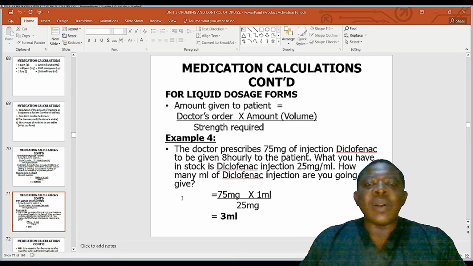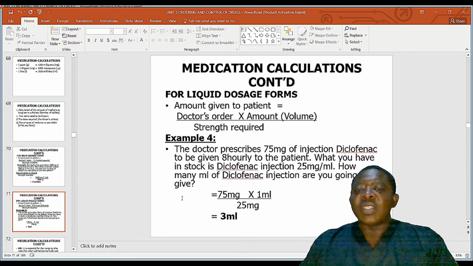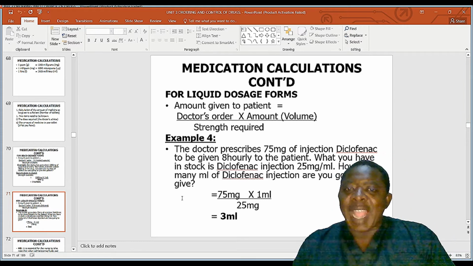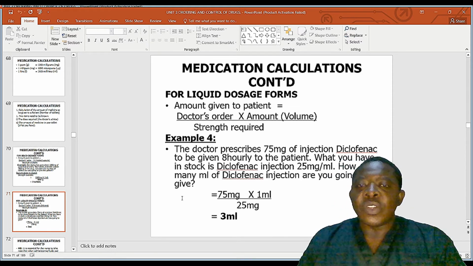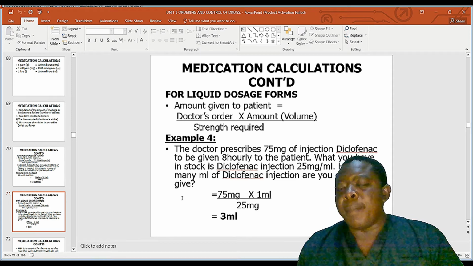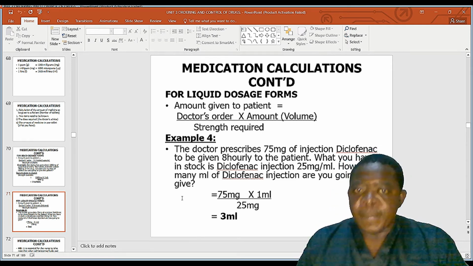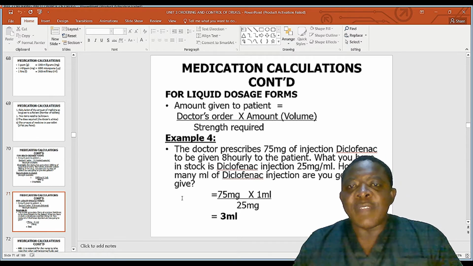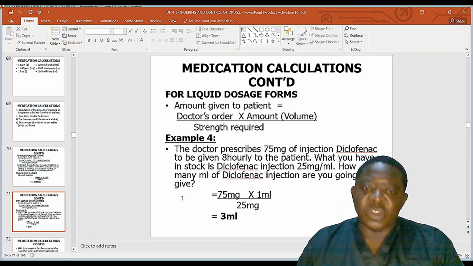The doctor here has ordered 75 milligrams, so 75 milligrams times the volume. Remember the volume there: 1 ml per ml, also divided by 25. So 75 divided by 25 gives us 3 ml.